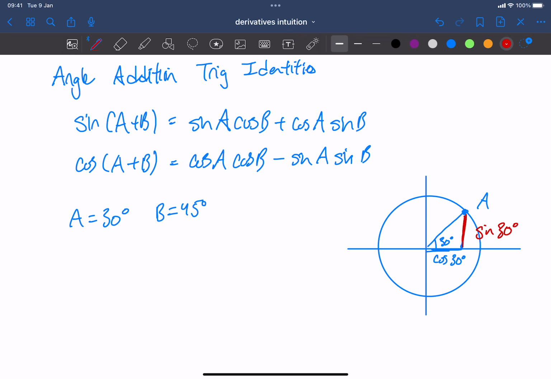Now let's suppose we rotate this angle another 45 degrees. Unfortunately, this is not drawn to scale, but I'll use the color orange. Let's say this is another 45 degrees, so the total here would be 75 degrees at point B. So what would be the new coordinates for point B?